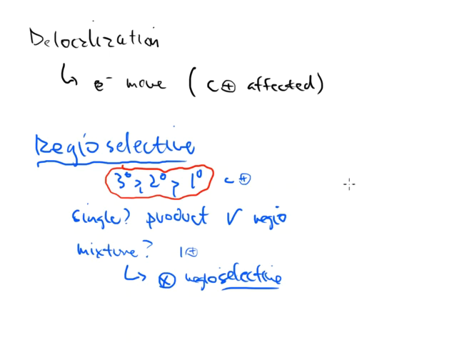And sometimes we don't call it regioselective, but sometimes we refer to it as the major product and the minor product. So when we do talk about major and minors, we are acknowledging that all of those products could exist at some point in time.